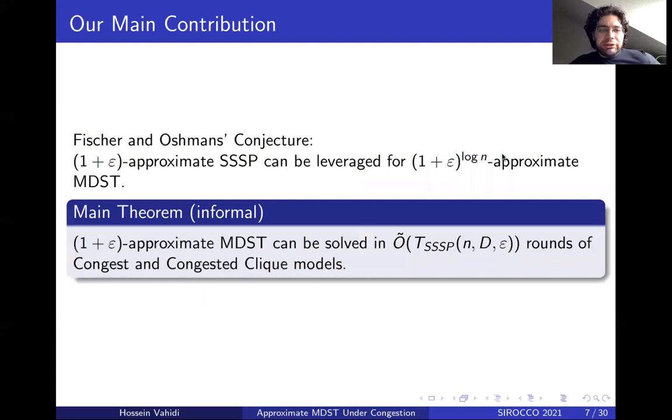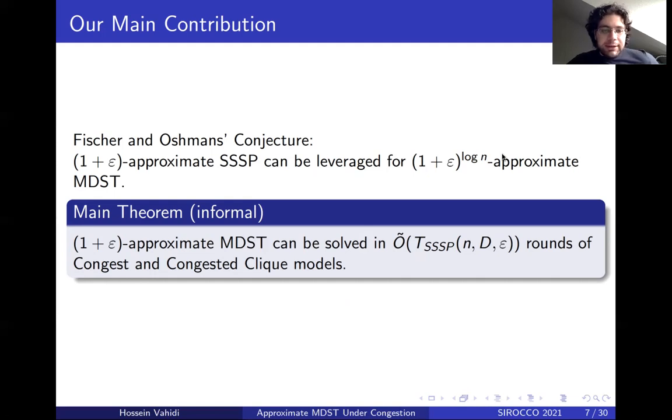They also conjectured that we can use 1 plus epsilon approximate single source shortest path to find a 1 plus epsilon to the power of log n approximate MDST. Our main contribution is that we answer this positively and show that we indeed can do that.